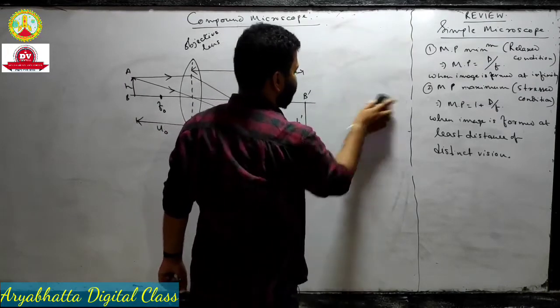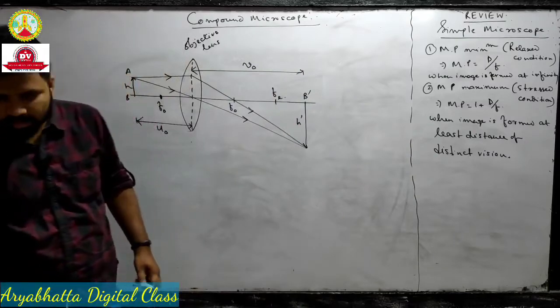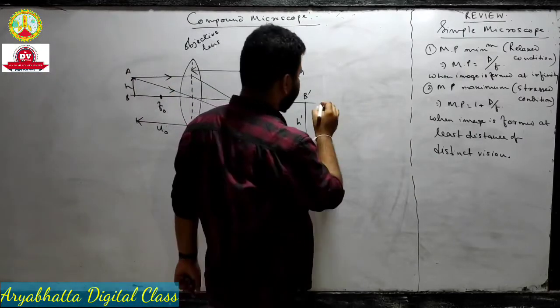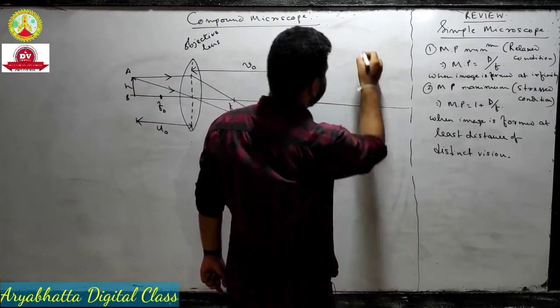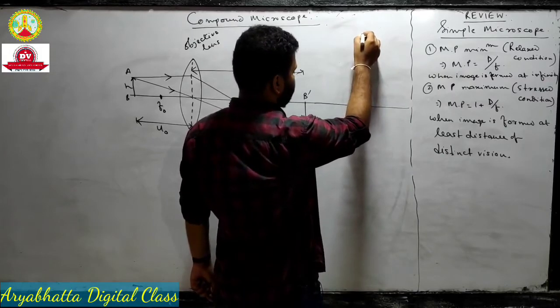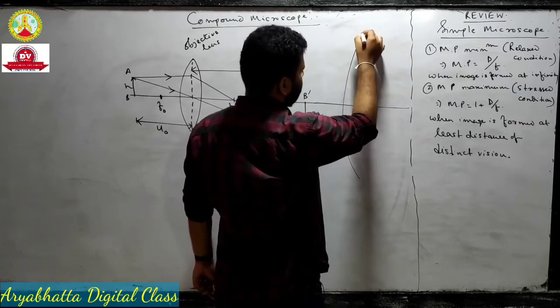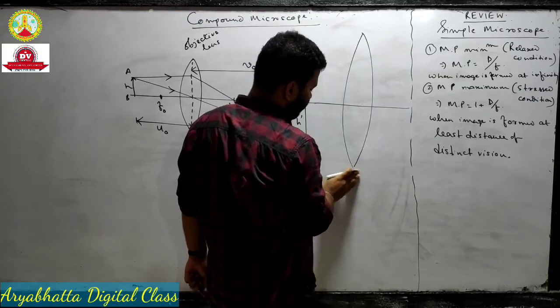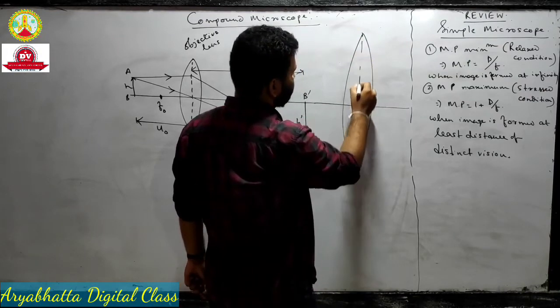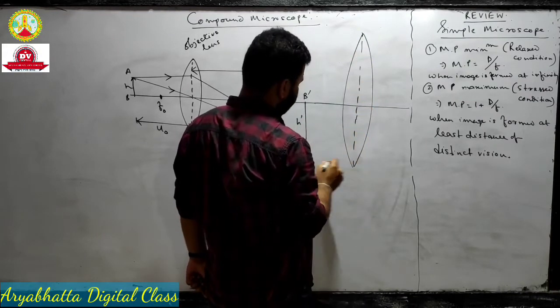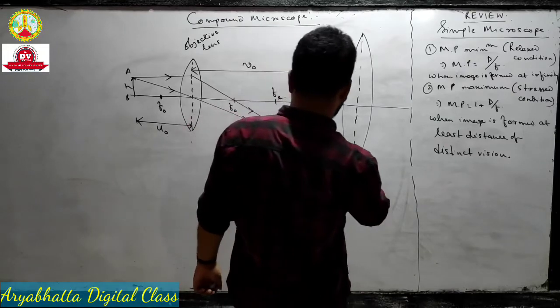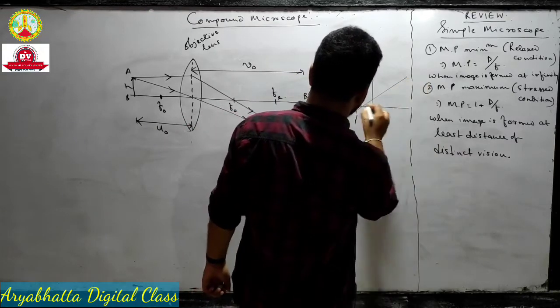Slight modification, I will do it here. Okay, the diagram is a little bit complicated. I moved the lens a bit far now. So from here one light ray will travel like this.